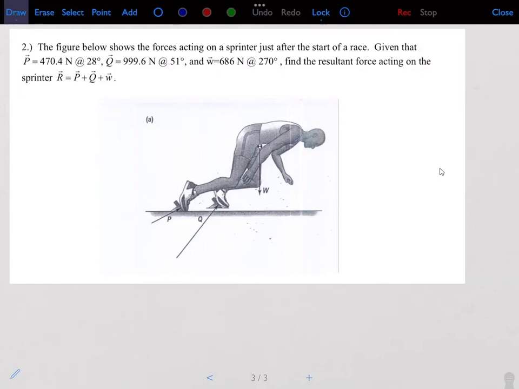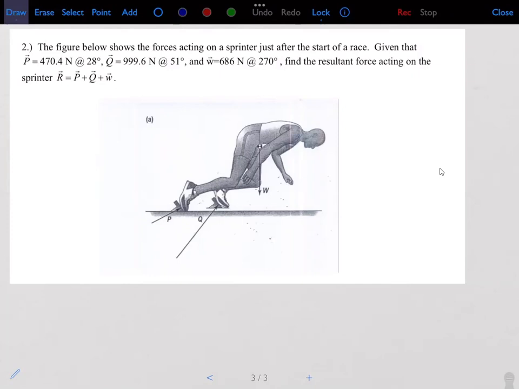So they're accelerating, so there has to be a net force that's accelerating the individual. And we want to find that net force. And in this case, there's only 3 forces acting. We have force P, force Q, and force W, right? The forces on the hands aren't acting anymore. So now we should find some force which is causing the sprinter to accelerate.